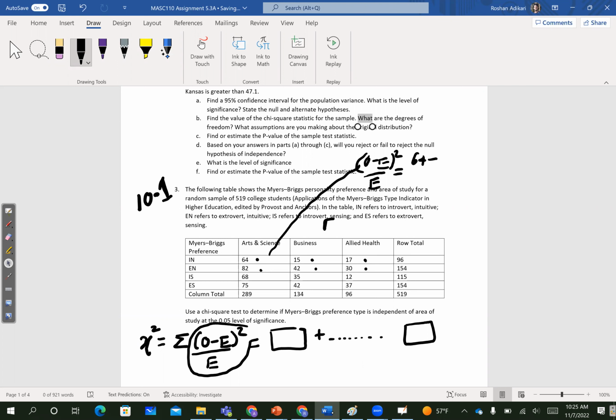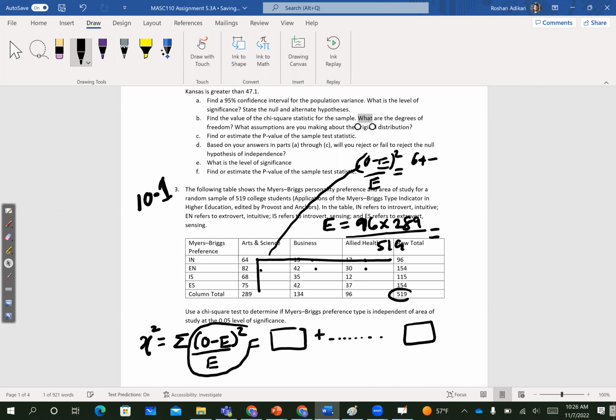Remember, E is row total times column total divided by sample size. The row total for that row is 96, and for that column it's 289. So 289 divided by 519.